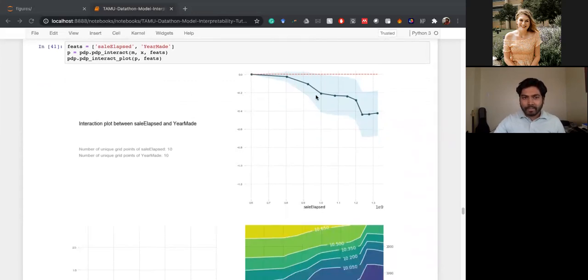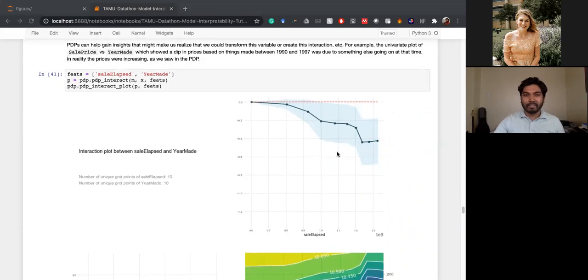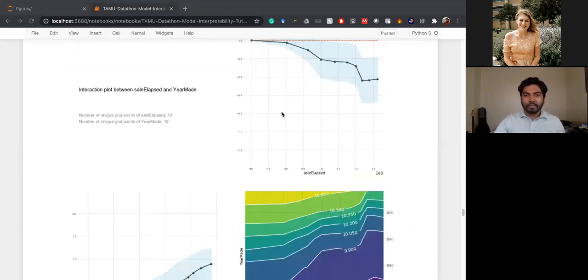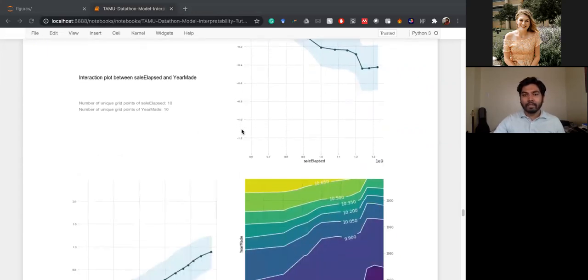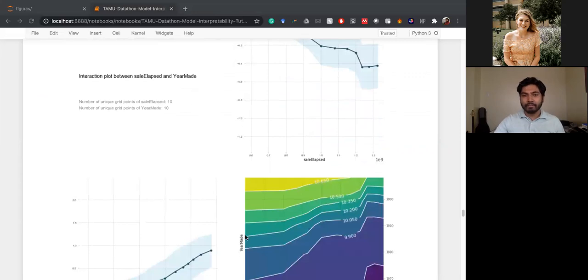This partial dependence plot is called an interaction plot. There are two variables that I'm considering: sale elapsed and year made, and I'm trying to see what the relationship is with price.